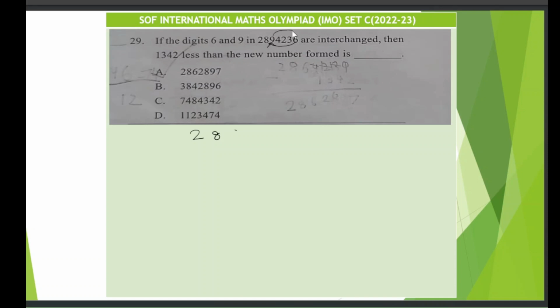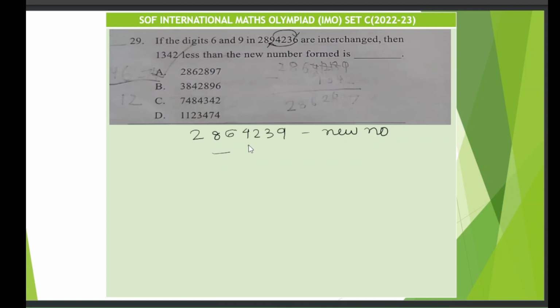And 9 has to go to the place of 6. So here I am writing again 6, 4, 2, 3 and 9. Okay. So what number is it? 28,64,239. This is the new number. And from this new number, we need to understand what will be the number which is 1,342 less.